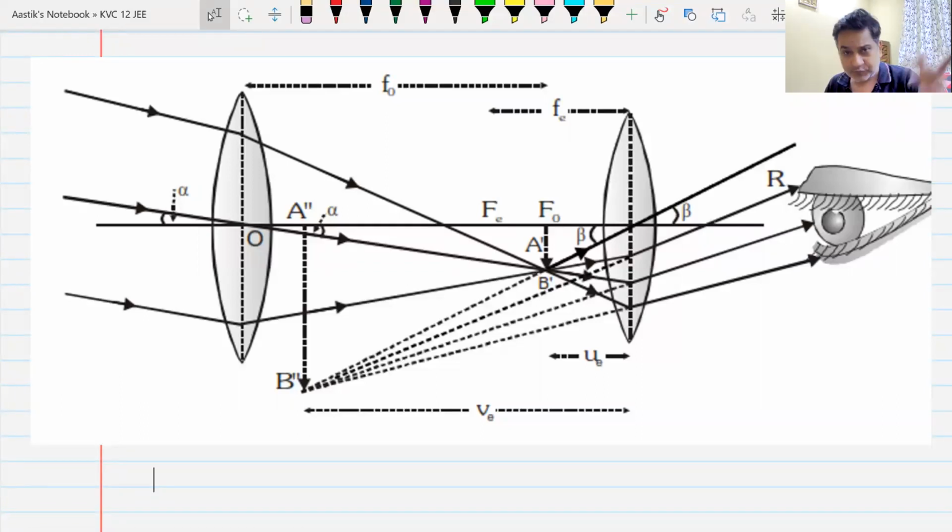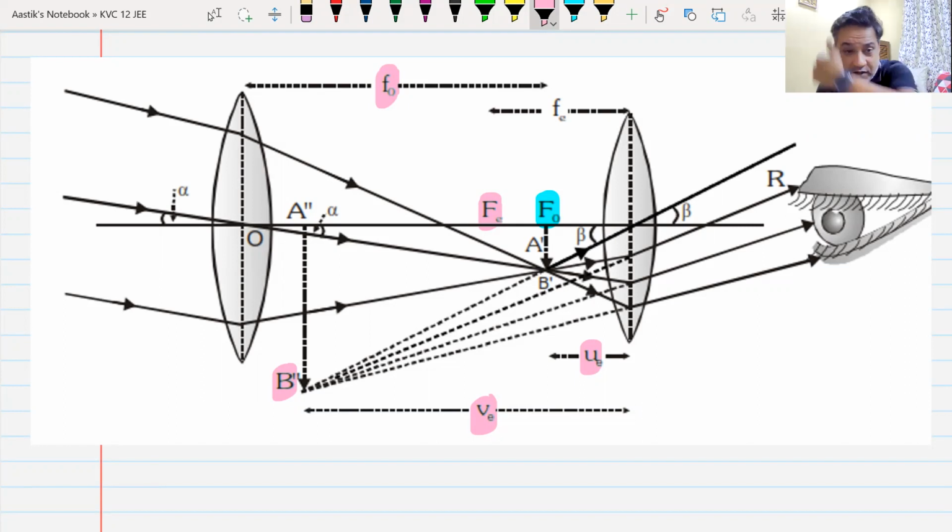This is how the first image is formed at the focus of the objective, and the focus of the eyepiece is behind it. That means the object is now between the focus and the center of the lens. So you will have an enlarged virtual image backwards. This is VE, this is UE, and UE plus F naught becomes the length of the telescope.